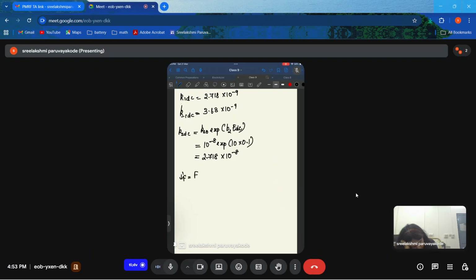IF is equal to Faraday constant into R1 minus R minus 1 plus R2. Okay, so now let's find out R1, R minus 1, R2.